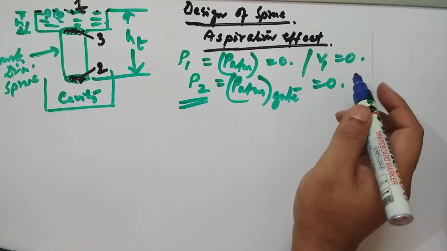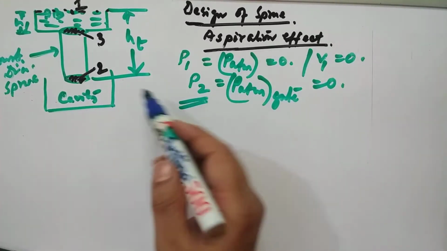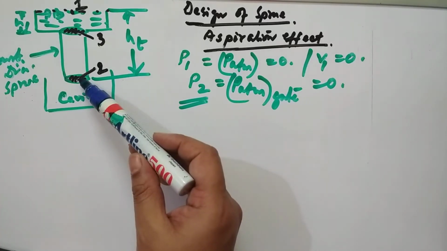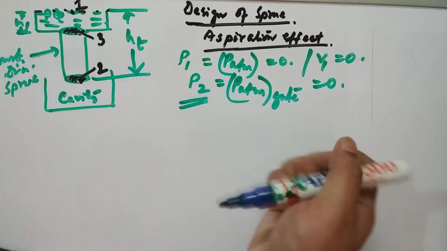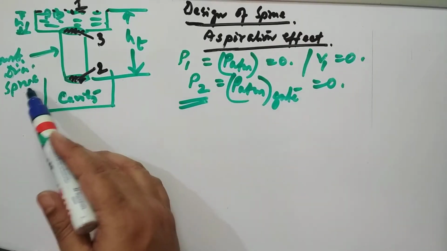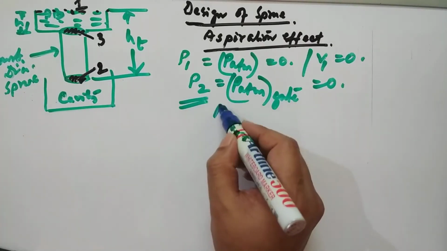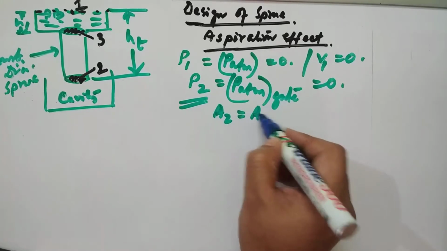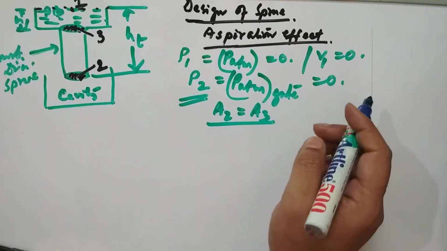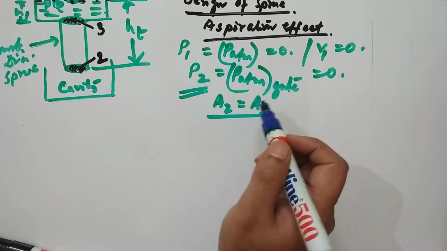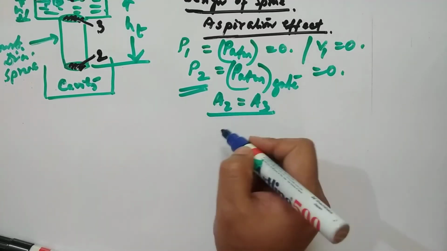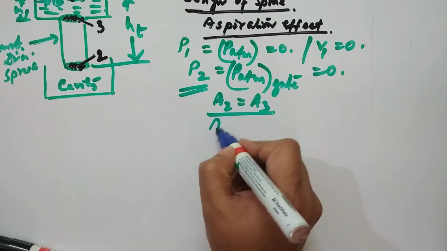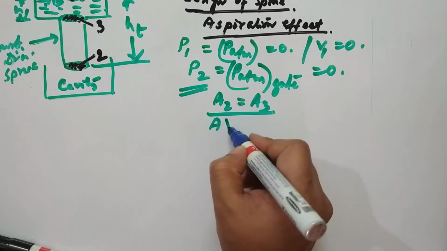Okay, now look, if you consider points 2 and 3, you can see this is having a constant diameter, so the area A2 can be equal to A3. This is a condition, we are assuming it. Now flow rate is area into velocity.